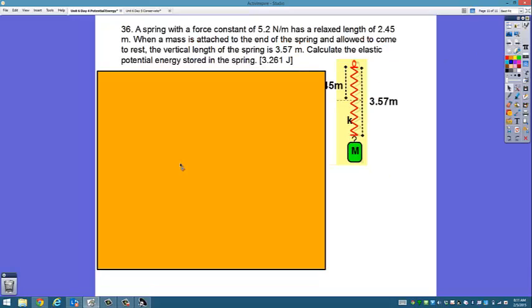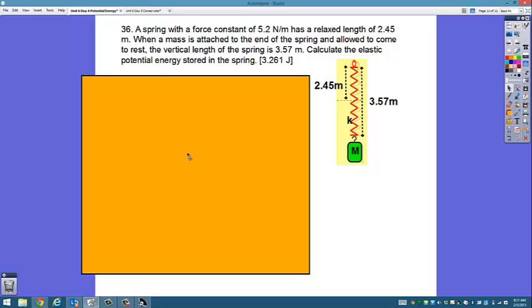Okay, let's try a problem. You have number 36 in your packet. A spring with a force constant of 5.2 Newton meters has a relaxed length of 2.45 meters, and then you attach a mass to it and it comes to rest, and now it has a vertical stretch of 3.57 meters. Find the elastic potential energy.